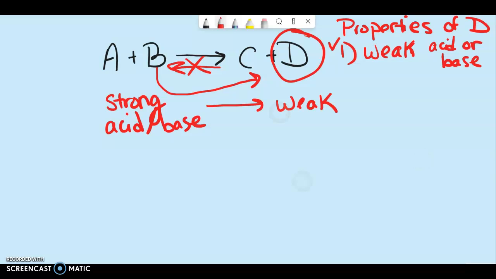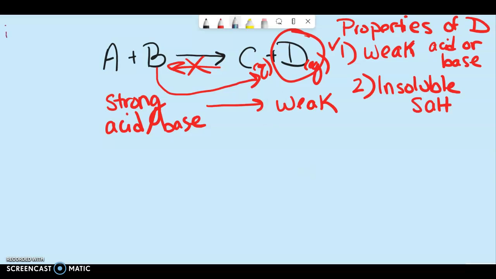The second category was if you saw an insoluble salt. So by the way, for number 1, we were talking about aqueous products. If something is aqueous, what you're looking for is, is it weak?